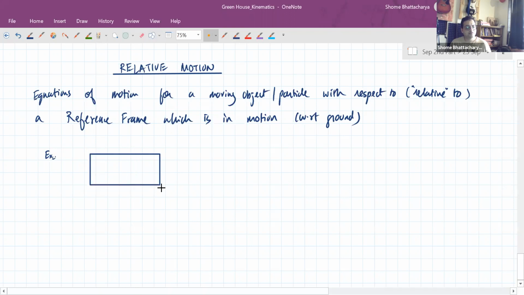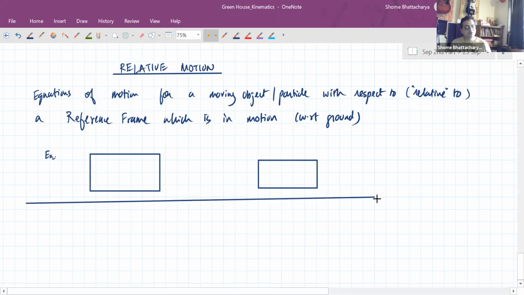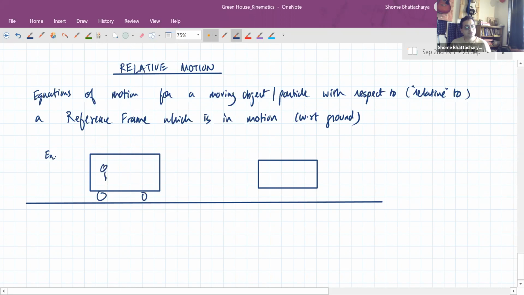Okay, so a very simple example of that is, if you are sitting inside a vehicle that is moving with respect to the road or the ground frame at a certain velocity. So your reference frame is moving in that sense. Let's say you are this person A who's inside this car that is moving at, let's say, 30 kilometers per hour.